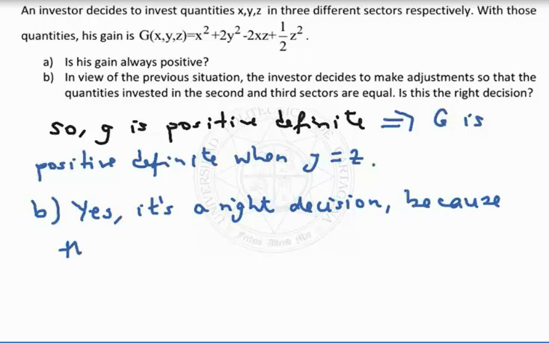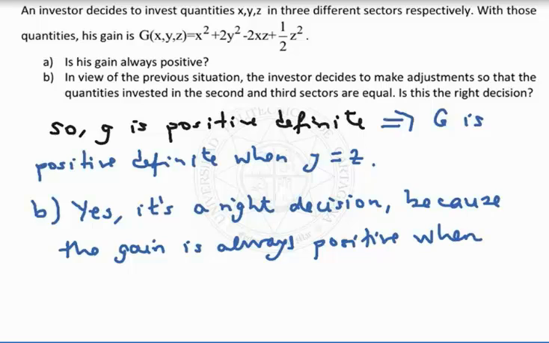And why is it a right decision? Because the gain is always positive when the second and third sectors are equal.